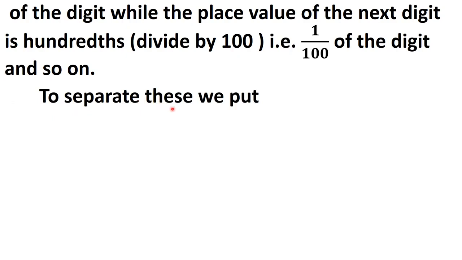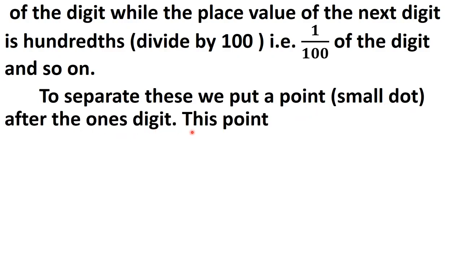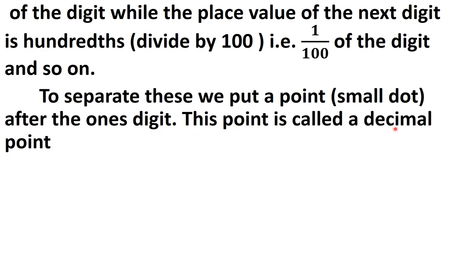To separate these, we put a small dot after the ones digit. This point is called a decimal point. To separate the whole number and the decimal part, we put a small dot which is known as a decimal point.